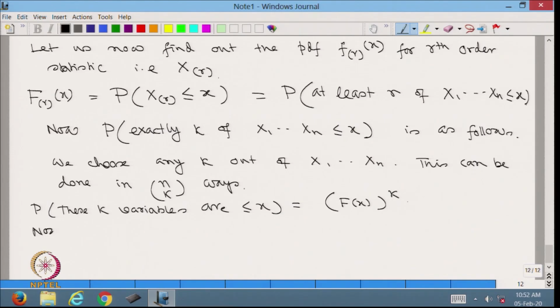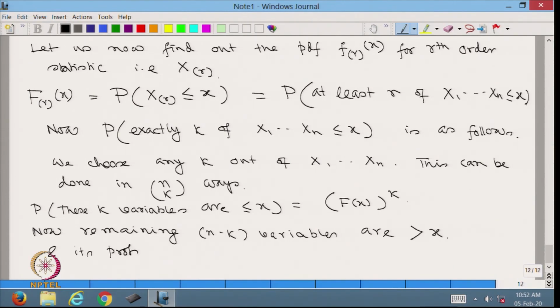Now, the remaining n minus k variables are greater than x and its probability is (1 minus F(x)) whole to the power n minus k.